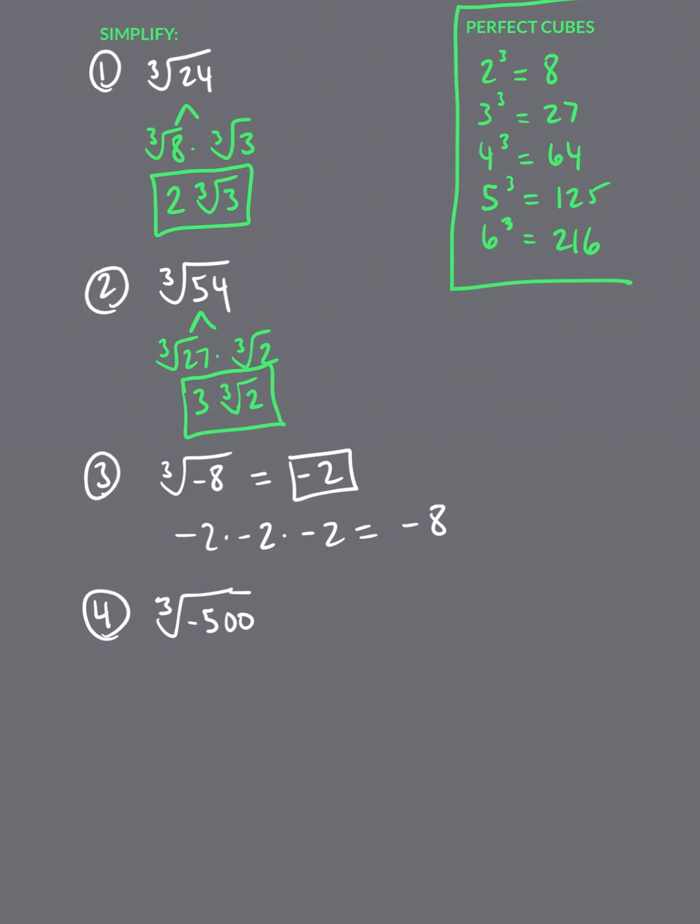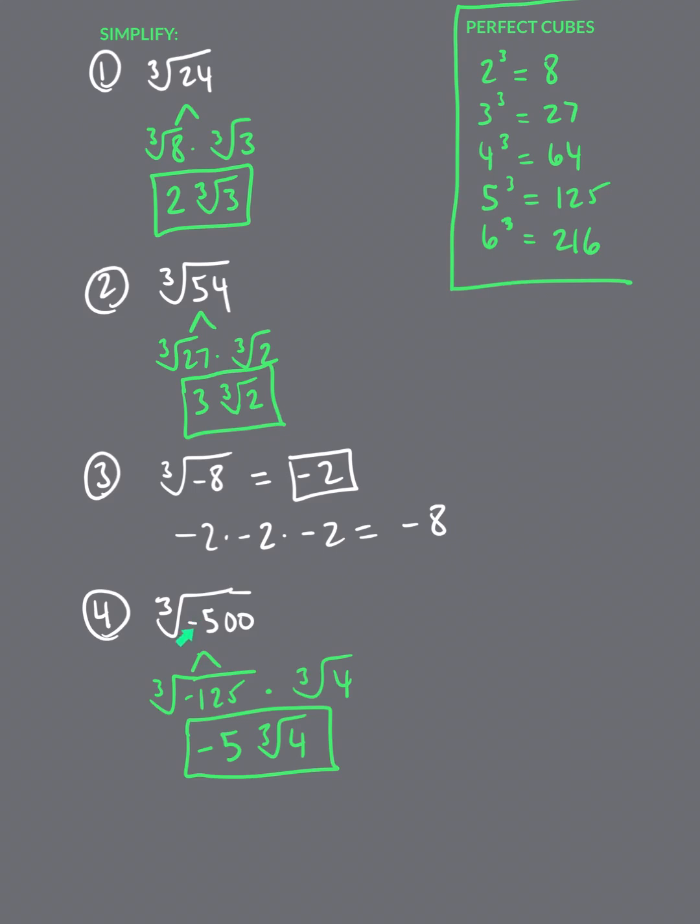And it is, and so you can break it down into the cube root of negative 125 times the cube root of 4, since 125 times 4 is 500. And the cube root of negative 125 is negative 5, and we cannot simplify the cube root of 4 anymore, so that is our final answer.